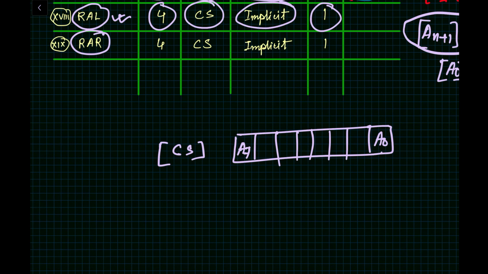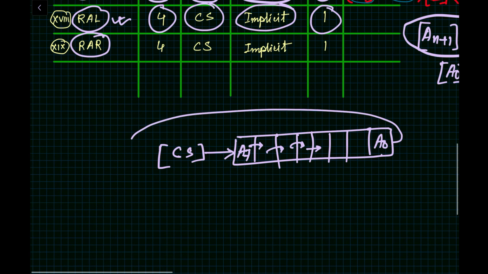So what will happen here? This carry status value will be written to this A7. This A7 will come here, this will come here, this will come here. Okay, like this. This will be the right shift operation by 1 bit, and this data will come here. Okay, A0 will be written into the carry status flag.